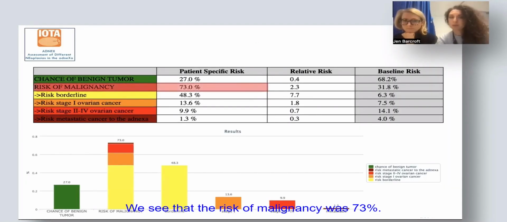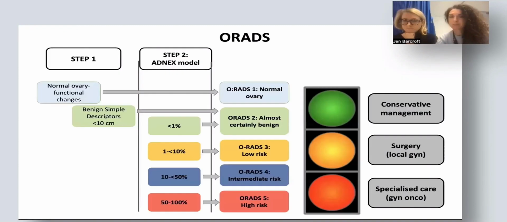We see that the risk of malignancy was 73%, so high risk of malignancy. And in case of absence of serum CA125, anyway, if we look at the relative risk, we can see that it is higher for the borderline tumor. If we look at our flowchart, step 1, benign simple descriptors are not applicable.